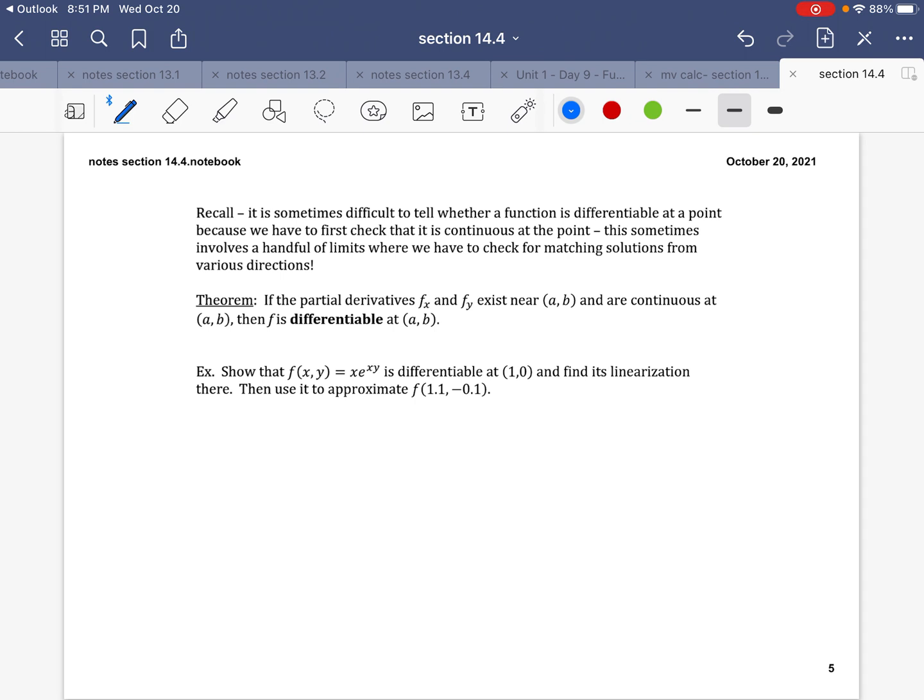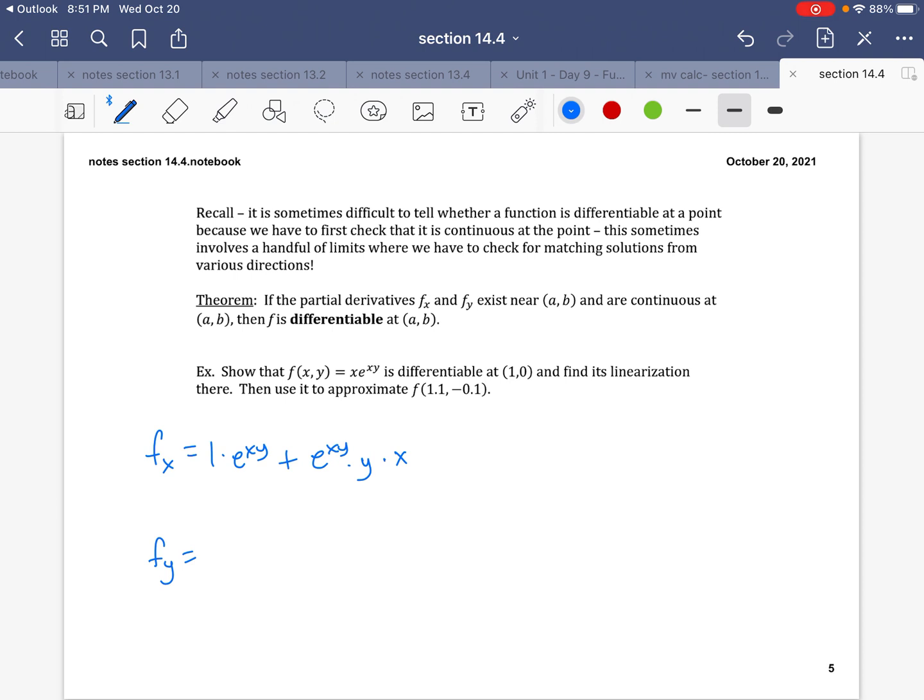So in this next example, let's show that this is differentiable at (1, 0) and find its linearization. All right, so basically you go ahead and do the derivatives. So the derivative of x e to the xy, there's an x in both, so I have to do a product rule. So the derivative of x is 1 times e to the xy, plus the derivative of e to the xy would be e to the xy, but times the derivative of xy with respect to x, so it would be y, times the original x that's already there.